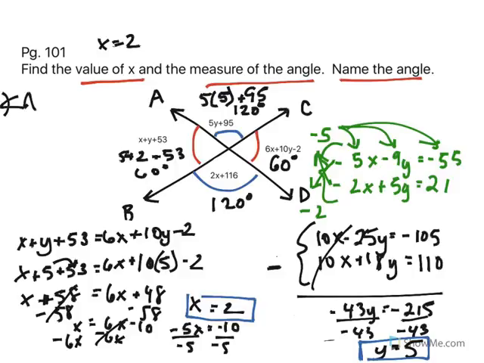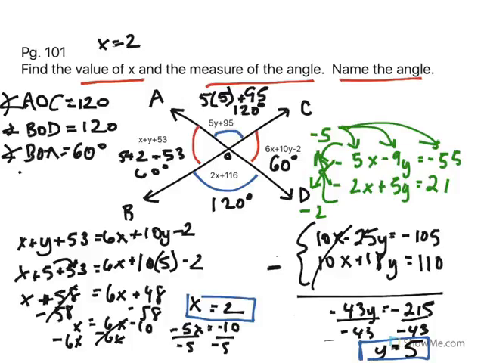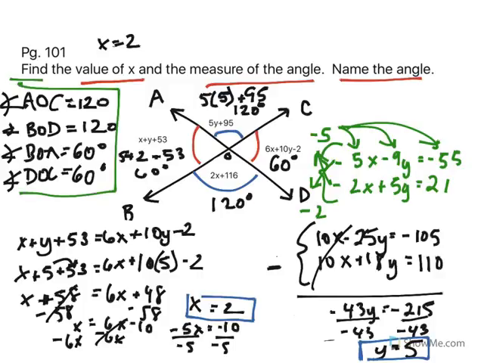So angle AOC, let's call this O. Angle AOC equals 120. Angle BOD equals 120. Angle BOA equals 60. Angle DOC equals 60. And we are done.